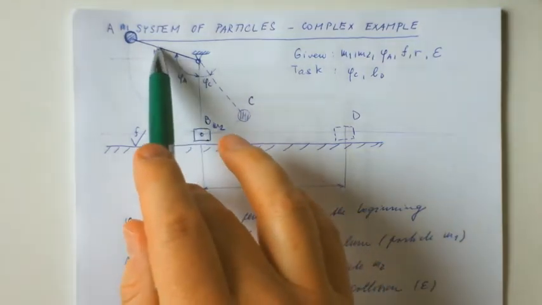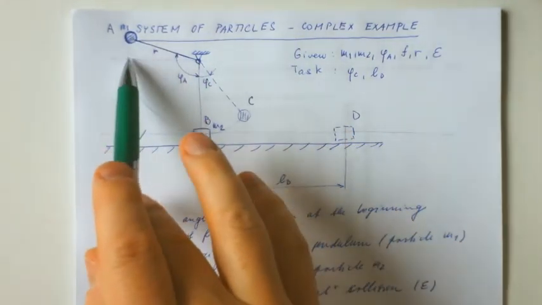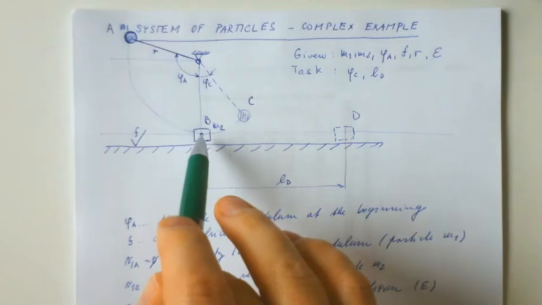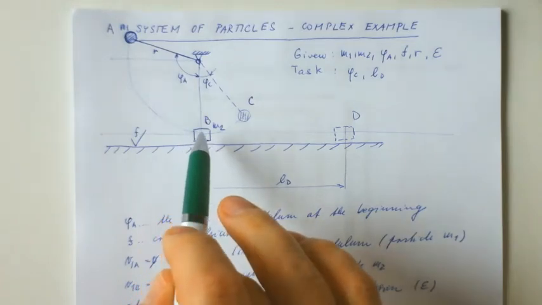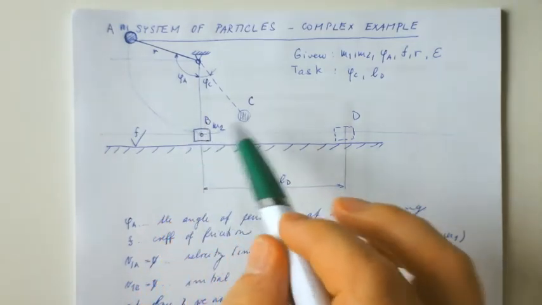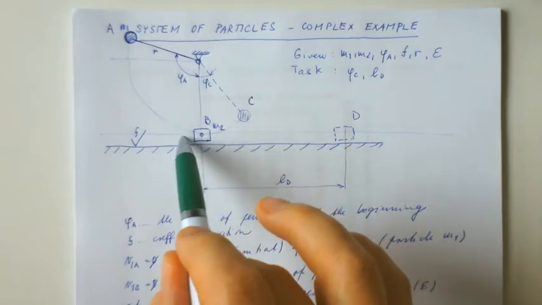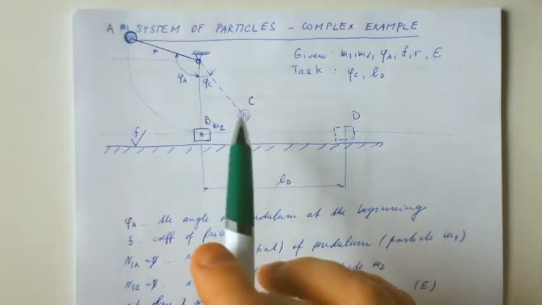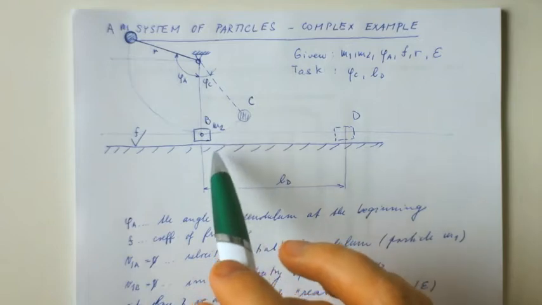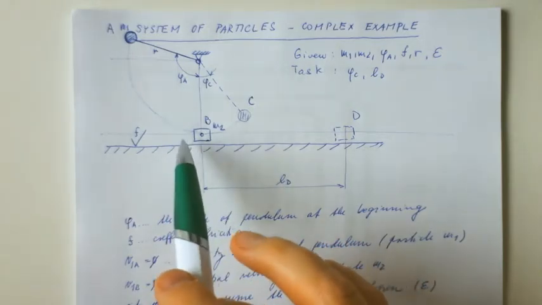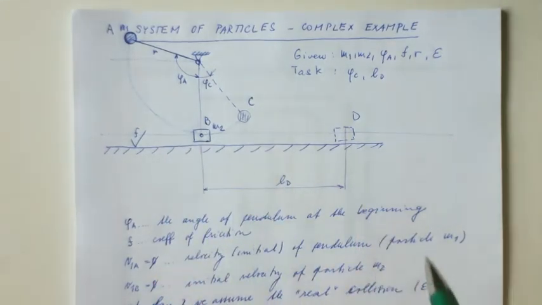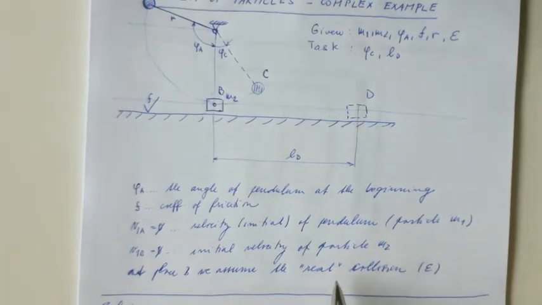After that, we release the pendulum, and the pendulum is going down and steps into collision with m1, m2. So some collision happens, and we assume it is a real collision, so we will use Newton's theorem.